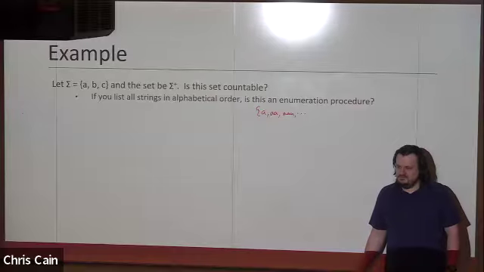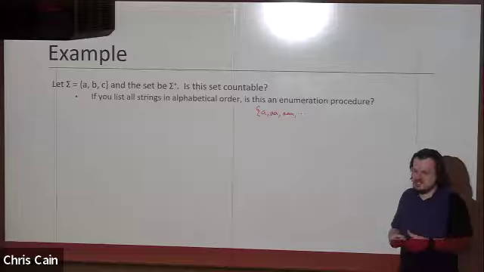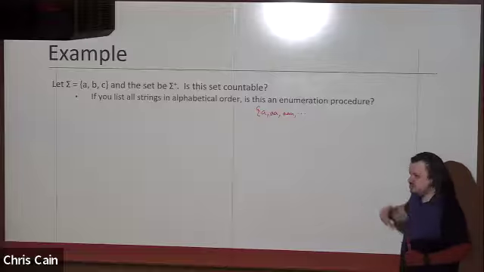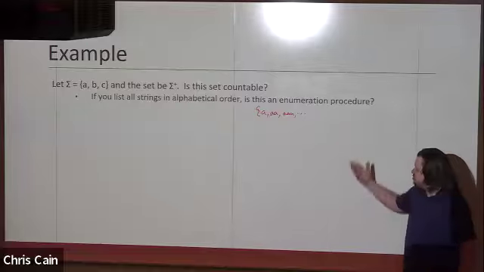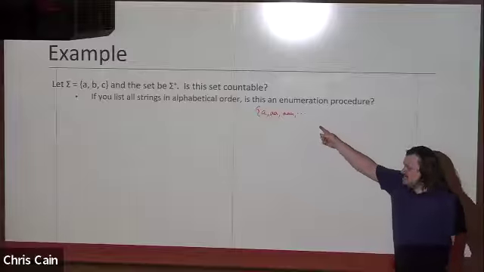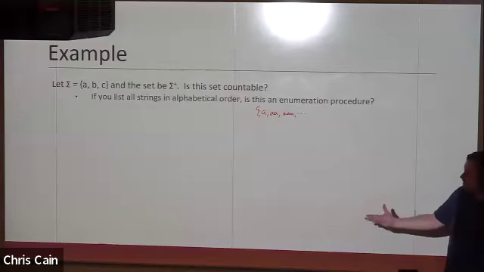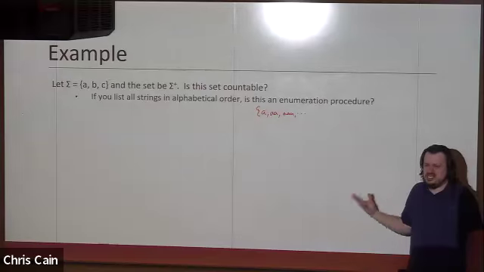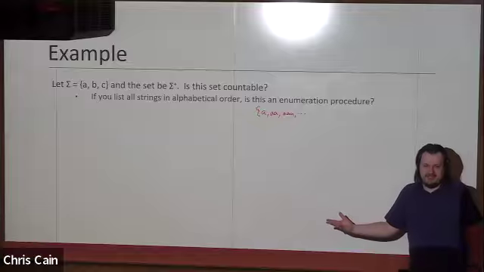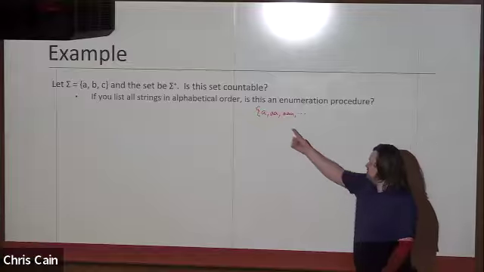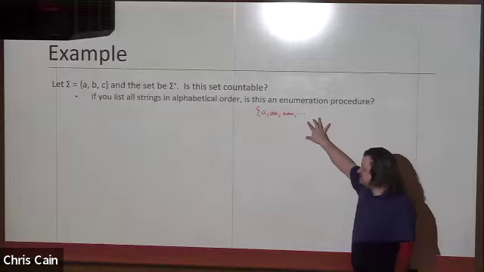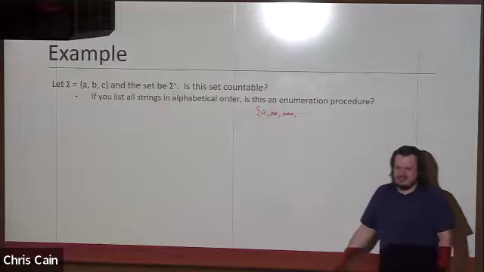No. So this is not an enumeration procedure because you can give a counterexample. You say, the string B, at which index does your enumeration procedure output B? And with this enumeration procedure, there is no index that is B. This process goes on forever and continues producing strings in this language.